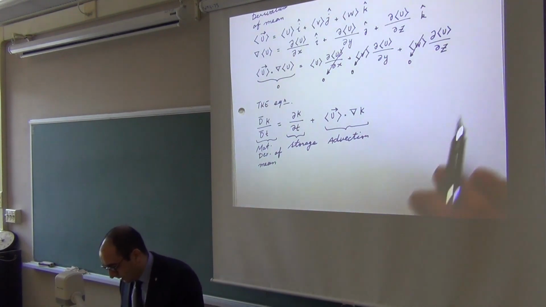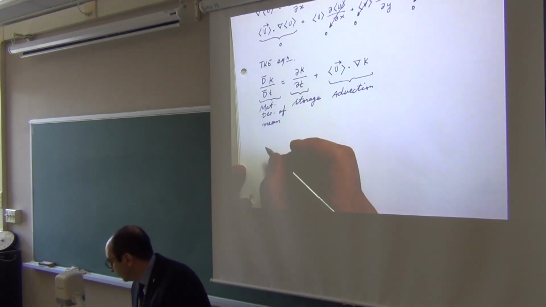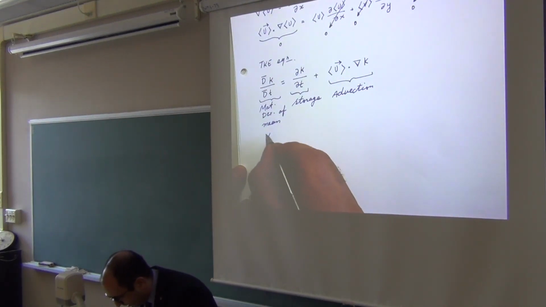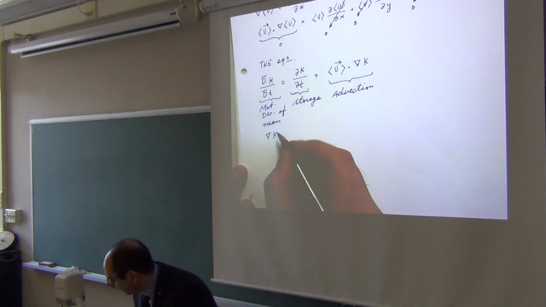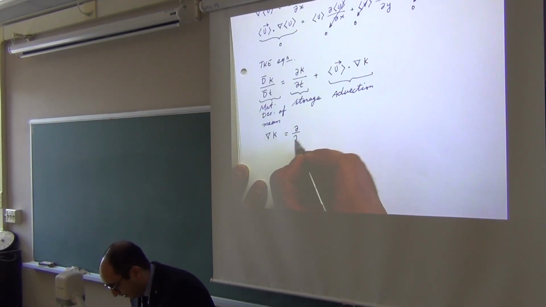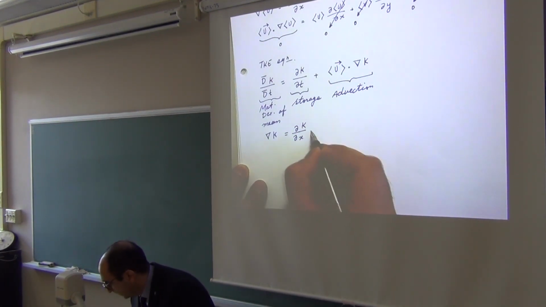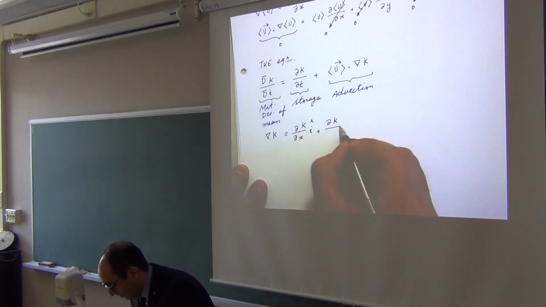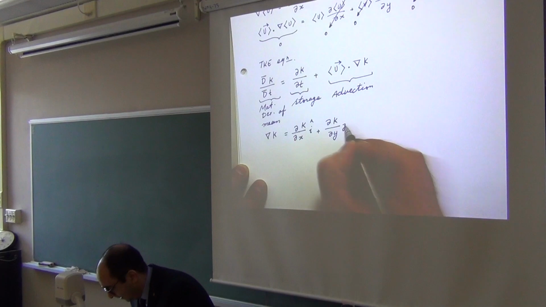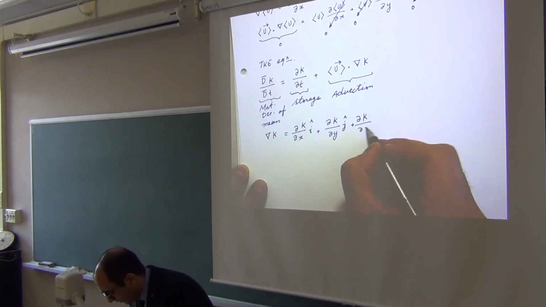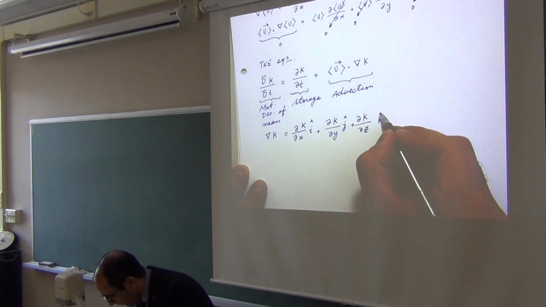And likewise, I can demonstrate to you that this is 0, because the gradient of K is partial K partial x i, plus partial K partial y j, plus partial K partial z unit vector k.